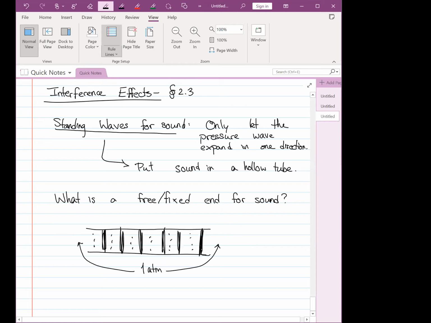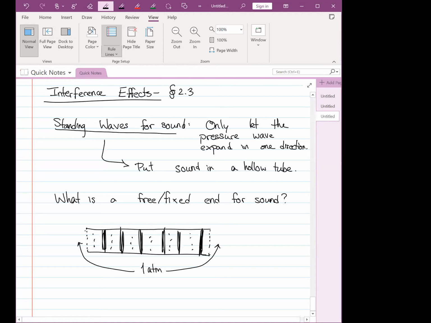If the pressure outside of the tube is 1 atmosphere, and the pressure inside the tube is changing, well, once the air gets to the end of the tube, it can't just jump from whatever it was to 1 atmosphere. Pressure is a continuous variable. It shouldn't just jump places. It has to change smoothly. And so that means that the pressure at the interface between the end of the tube and the 1 atmosphere air has to be at 1 atmosphere at the end.